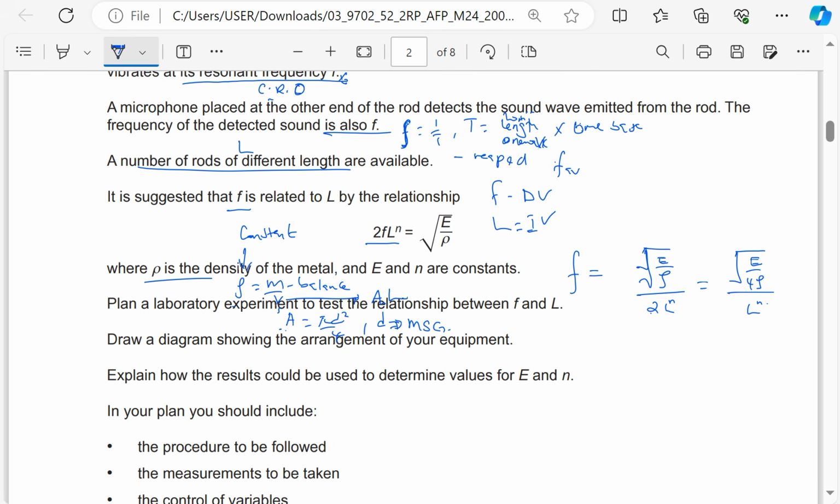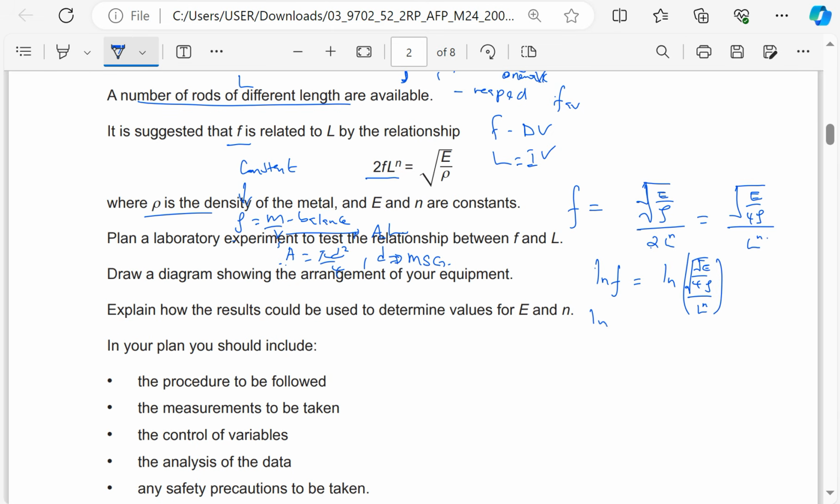Because L is raised to a power, I'm going to introduce either log or ln. I normally prefer ln, so ln of f is equal to ln of the root of E divided by 4 rho, divided by L to the power n.